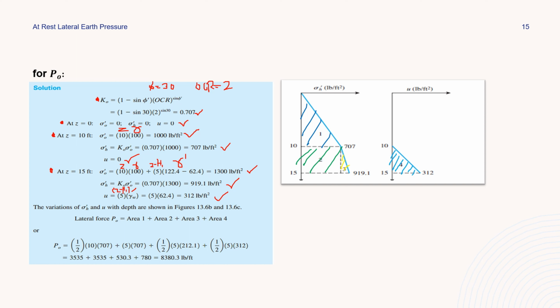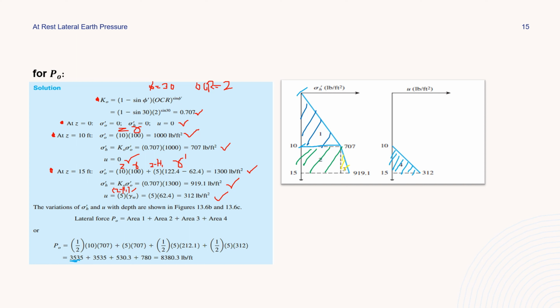So for area 1, it is a triangle. So 1/2 times 10, times its pressure of 707, which is this. So we get 3535.